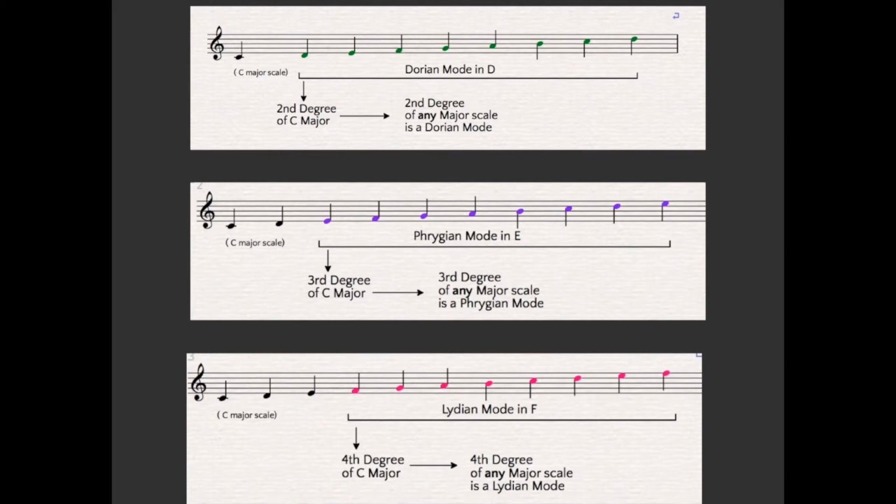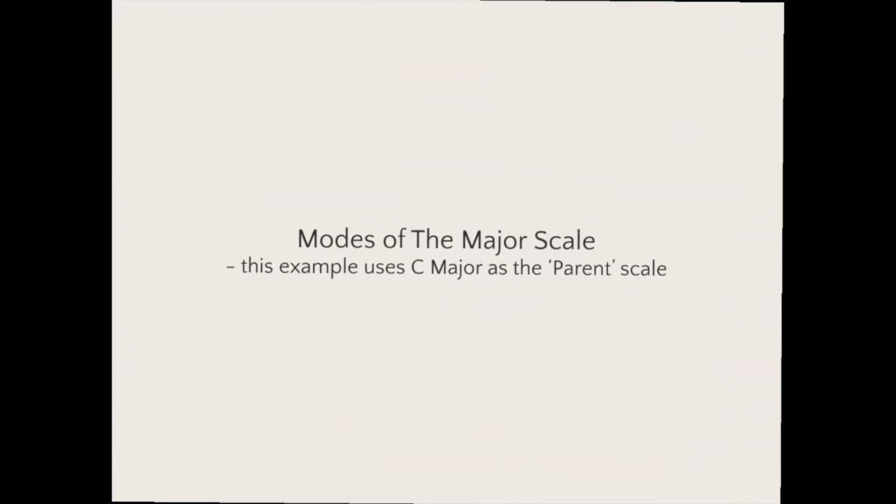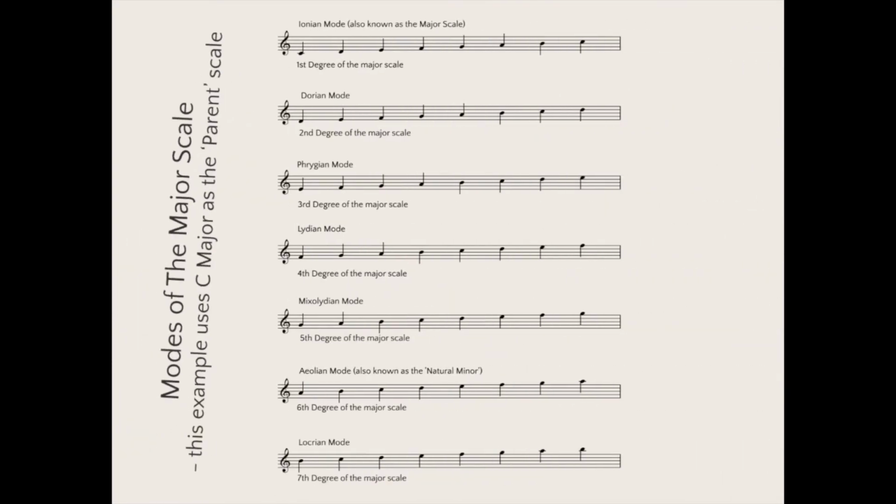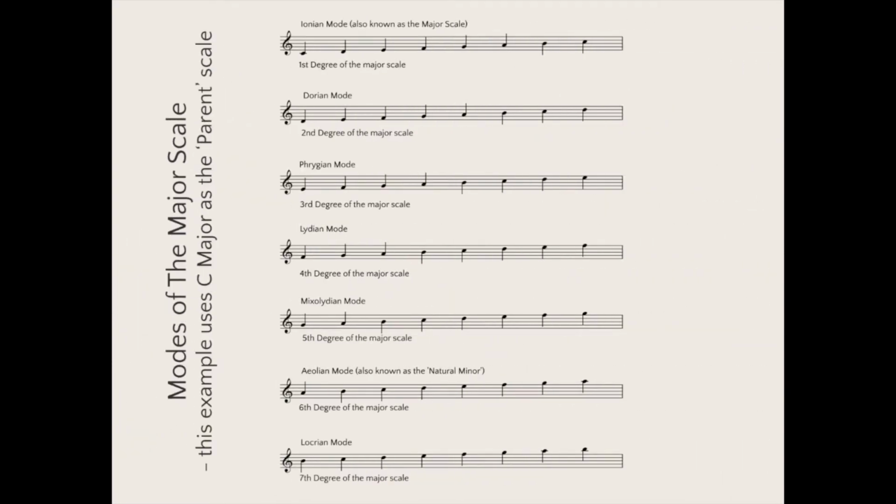Here are the full lists of modes. This is the modes of the major scale, and this example uses C major as the parent scale. You have the Ionian mode, which is also known as the major scale. The Dorian mode, which is found at the second degree of the major scale.